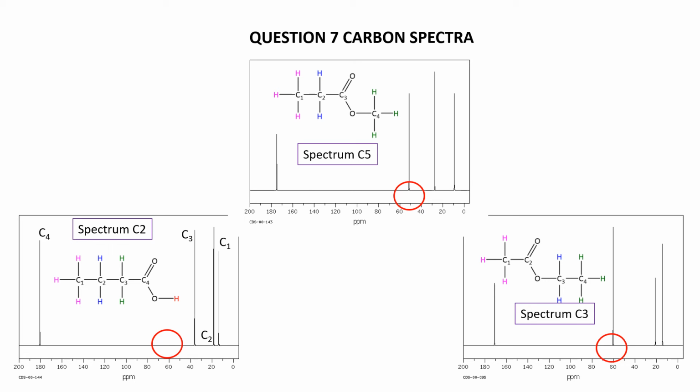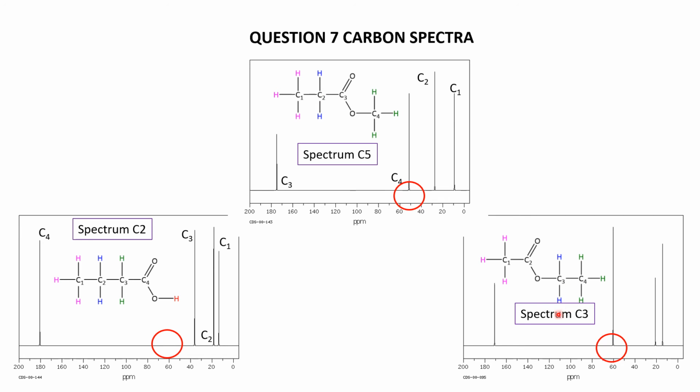Let's go and assign the carbons and see if there's anything that rings untrue about that. In C5, of course, this is obviously the C3, the ester carbon. The next one down is going to be C4, the carbon bonded to the oxygen. And now we have C2 and C1 again, because as you go C2, C1, you're getting further away from all the electronegative action. So C2 there, C1 there.